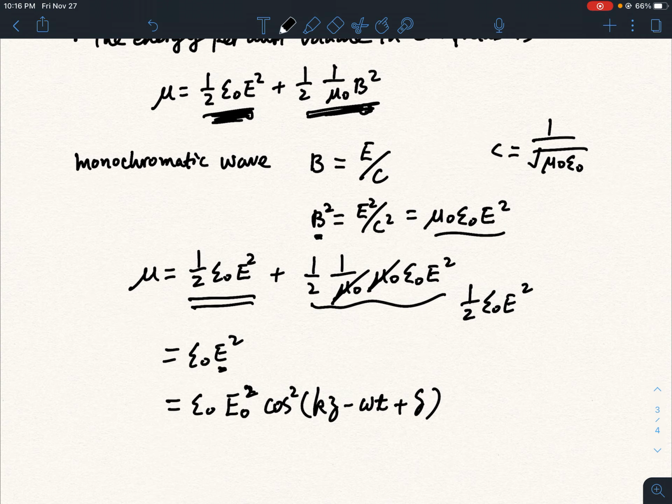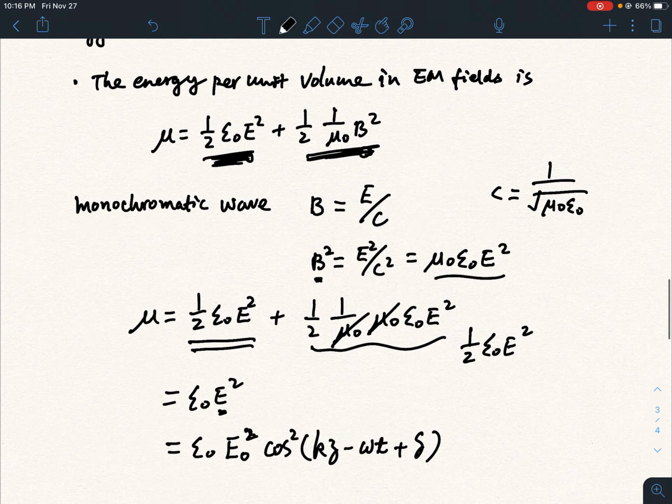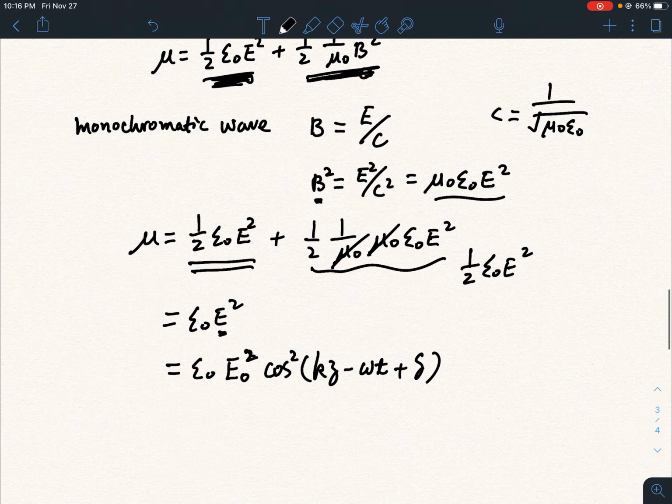This tells you what the energy per unit volume in electromagnetic fields should look like. As the wave propagates, it carries the energy along with it.